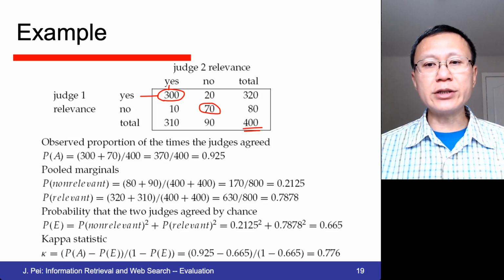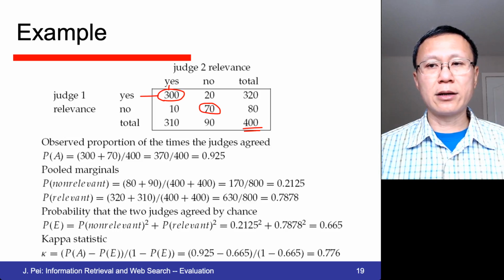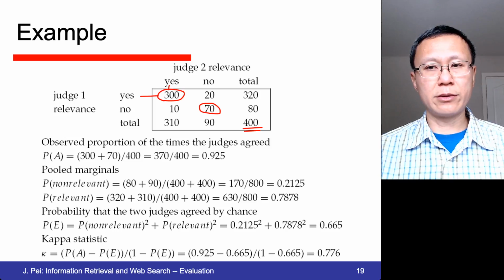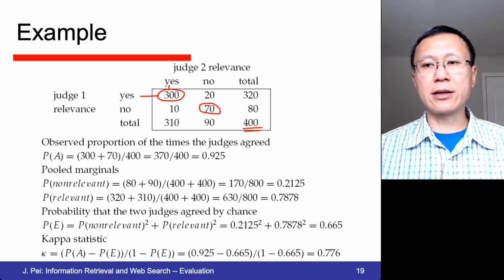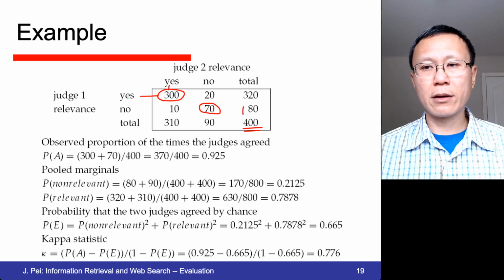So first, we calculate the chance that a judge, no matter whether it's 1 or 2, may give a non-relevant judgment. And we look at the non-relevant judgments here, which is 80. And we look at the non-relevant judgments here, which is 90.